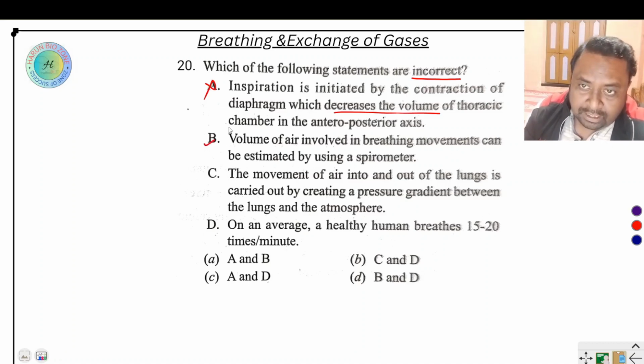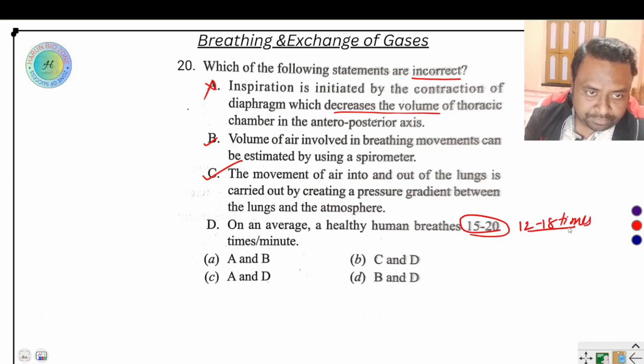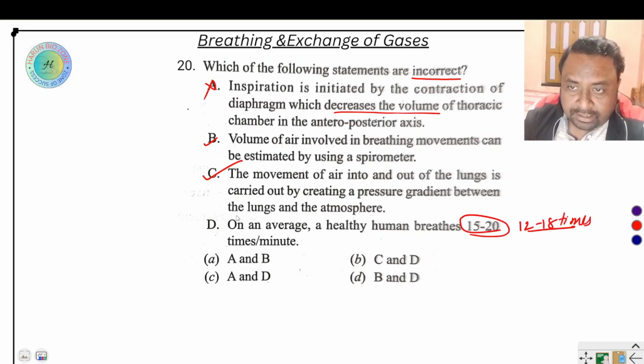Definitely a spirometer helps to determine the amount of air. The movement of air into and out of the lungs is carried out by creating a pressure gradient between the lungs and the atmosphere. This is the right option. On an average, a healthy human breathes not 15 to 20, but 12 to 18 times. Okay, here the incorrect options are A and D.